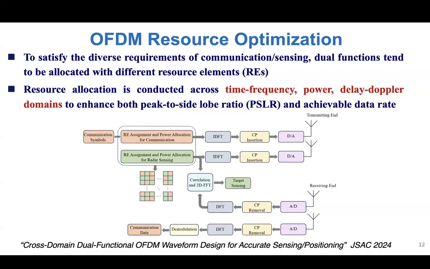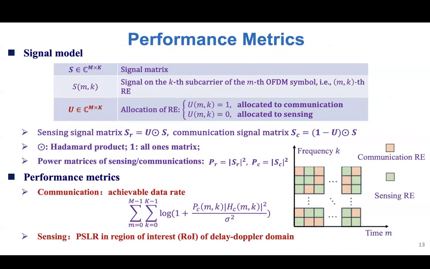Here we define the sensing metric with the peak-to-side lobe ratio. So here is the signal performance matrix. S is the signal on the K subcarriers of OFDM, and U is the allocated communication and sensing.